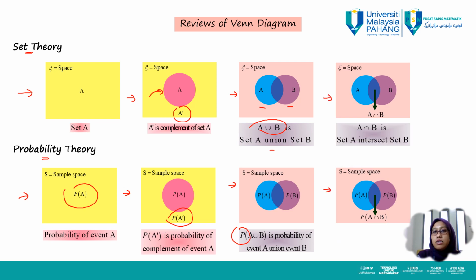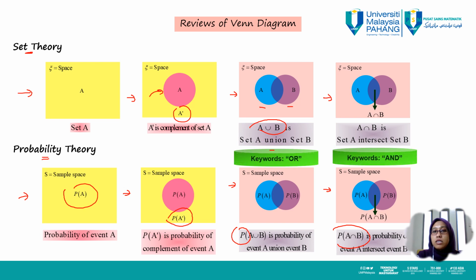A intersect B is set A intersect set B, while the last one is the probability P(A intersect B). So how do we differentiate between union and intersection? For union, we always use the keyword "or", while for intersection, the keyword that is always used is "and".